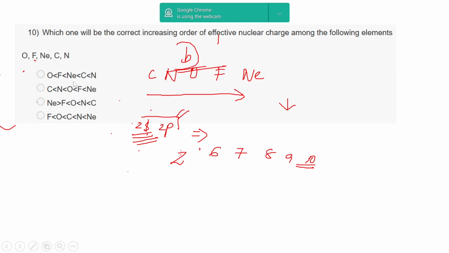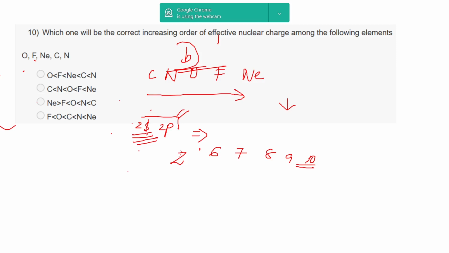Because for carbon it is 6, for nitrogen it is 7, oxygen it is 8, and so on. So the nuclear charge is also increasing, the number of electrons is also increasing. So the nucleus can attract the electrons much more strongly in neon when we compare to carbon. Because of this higher interaction, the atom will contract, which means that size will decrease.